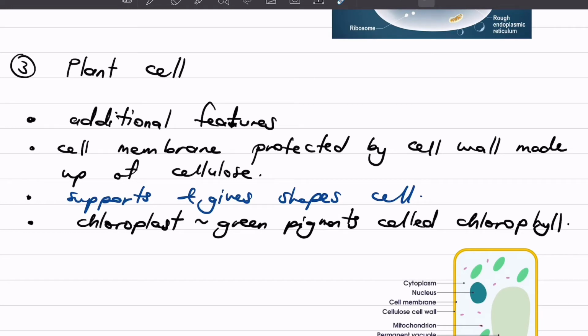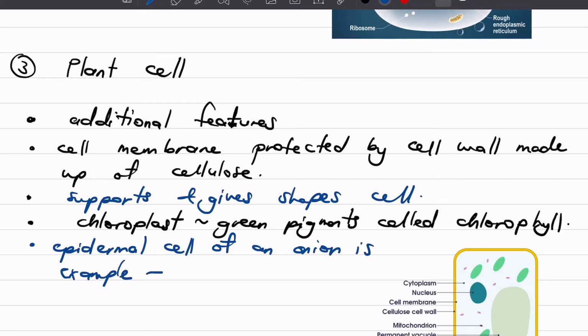This space is called a vacuole. So the epidermal cell of an onion is an example of a plant cell.